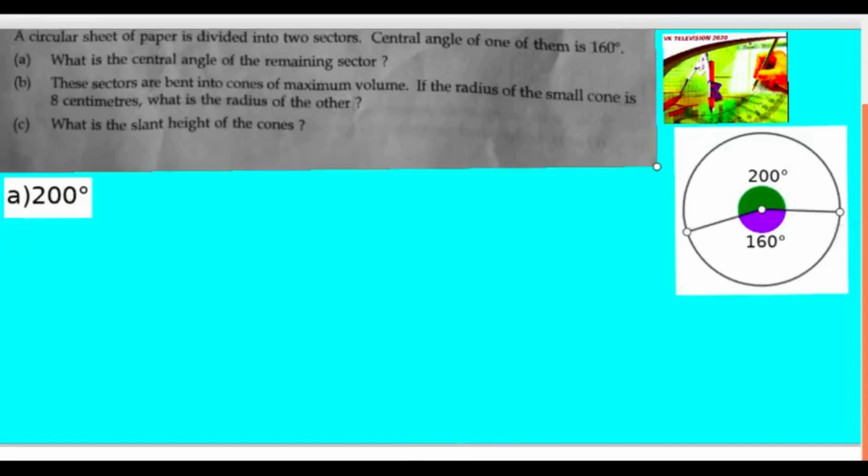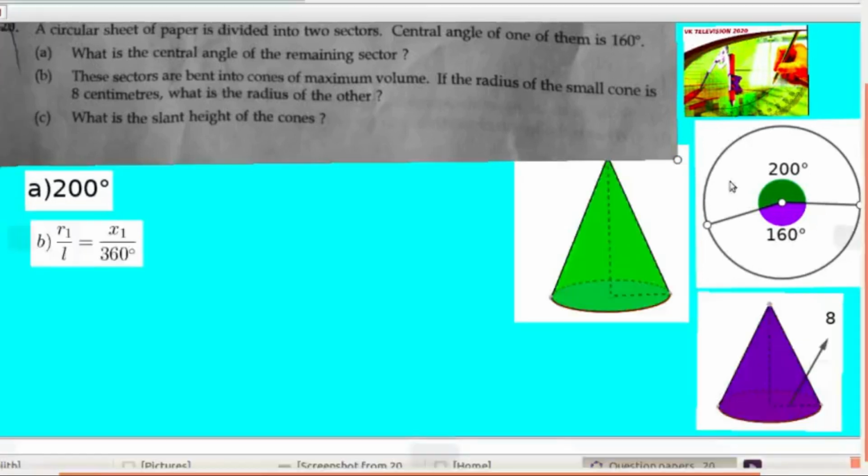These sectors are bent into cones of maximum volume. If the radius of the small cone is 8 centimeters, what is the radius of the other? We form two cones by using the two sectors of the circle.